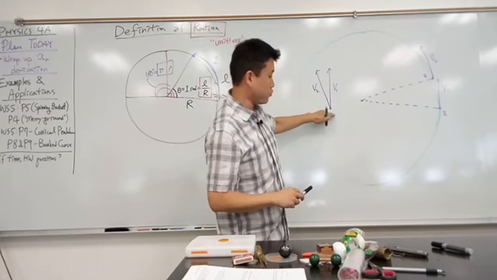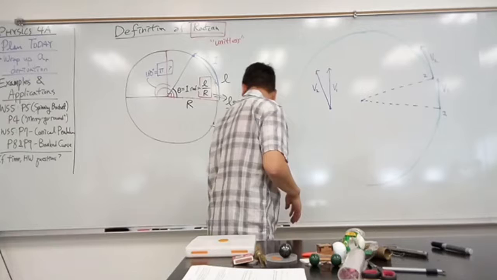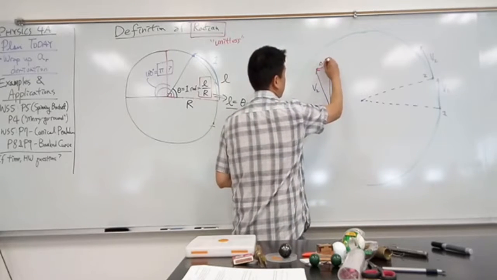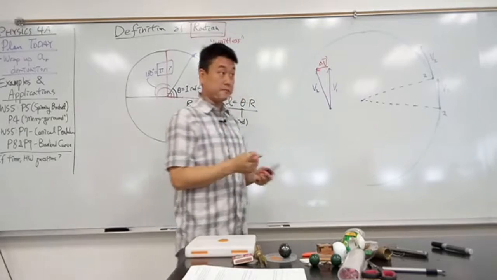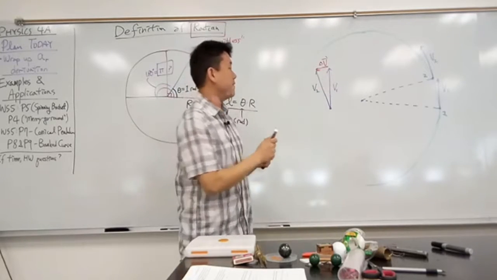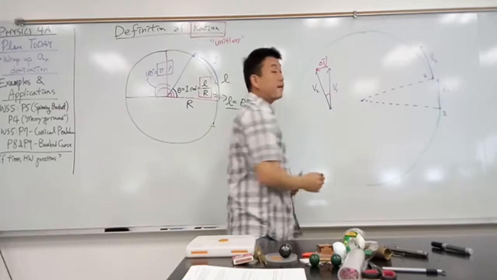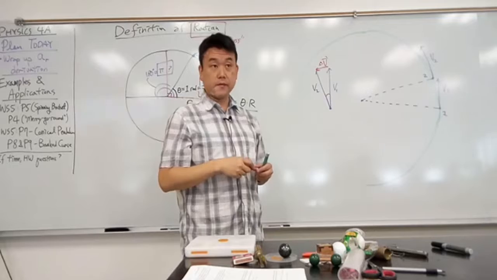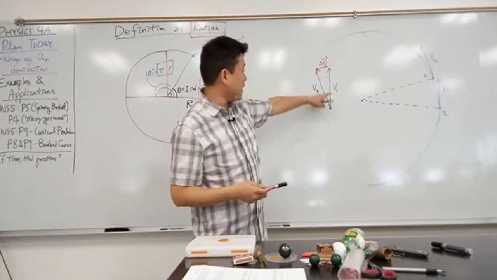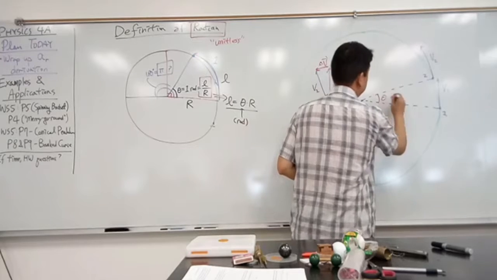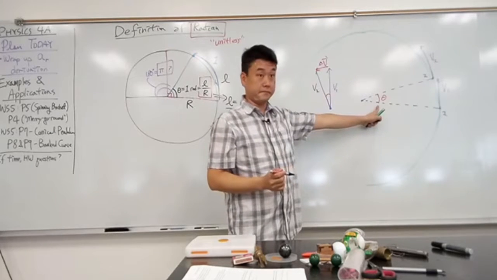The reason I was drawing this figure was so that I could figure out what was the change, delta V, the change in vector. And to figure this out, I needed to know what this angle is. That's where the geometry exercise comes in. Ideally, I'd like to be able to relate this angle to this angle here, because this is the angle that's given to me.